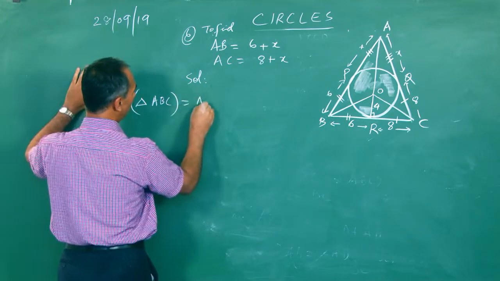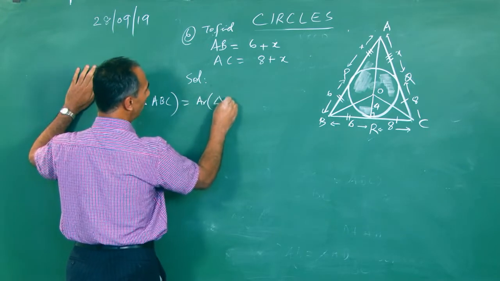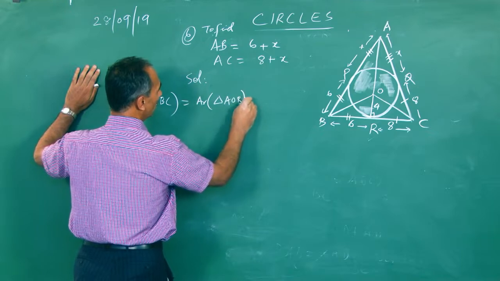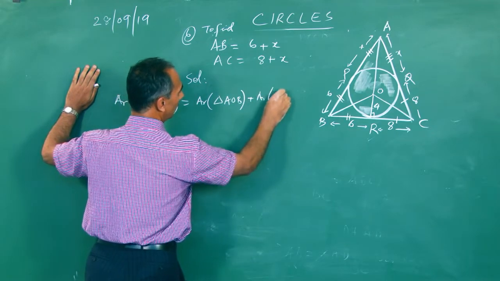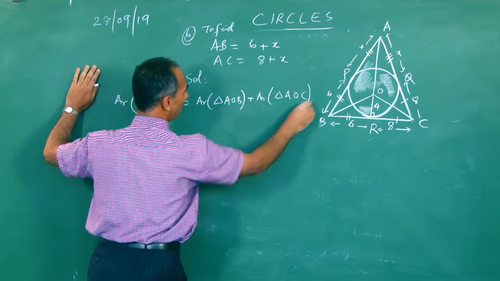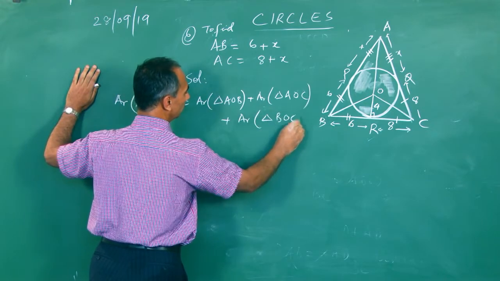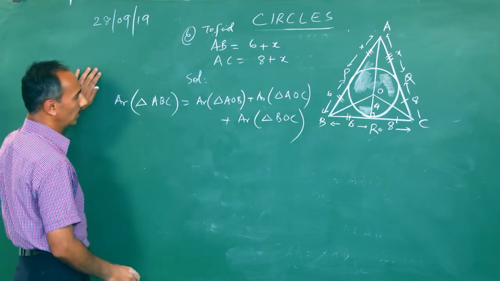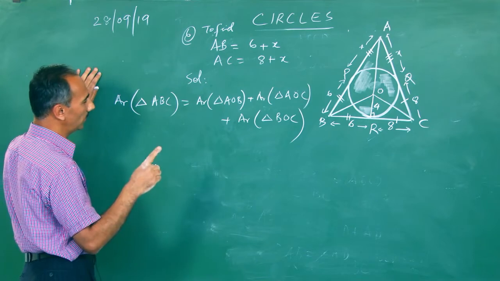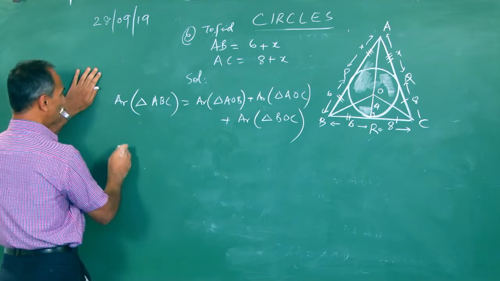That is made up of area of triangle AOB plus area of triangle AOC plus area of triangle BOC. ABC is AOB plus AOC plus BOC.